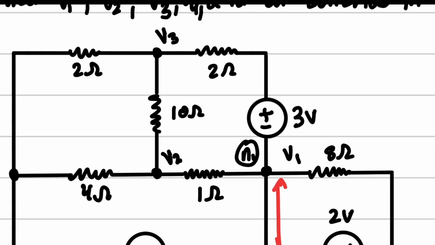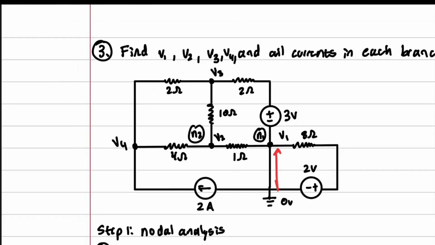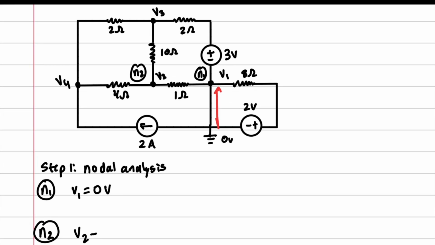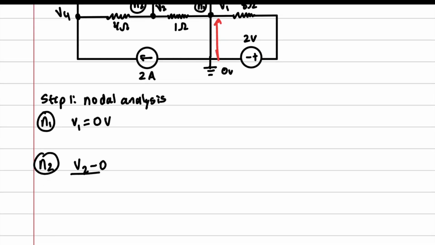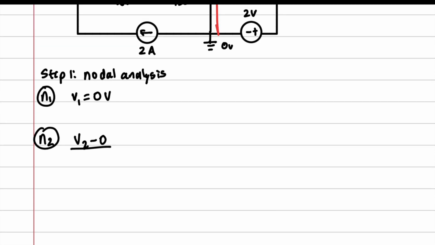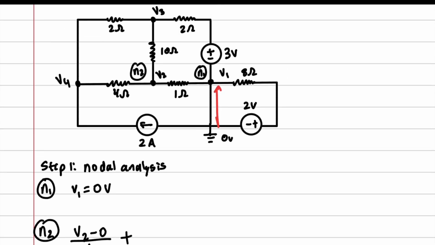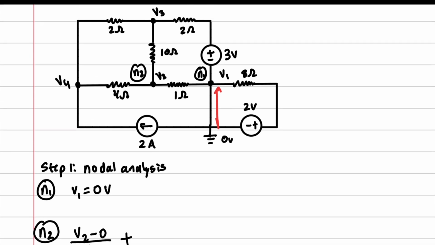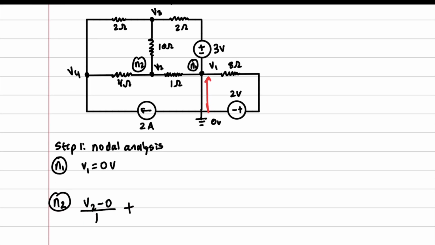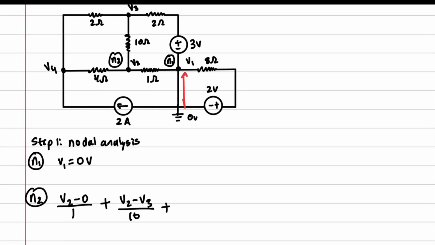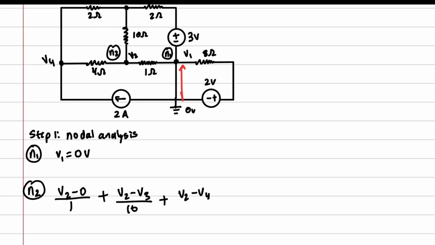Node 2 is right here. Now we have to do a nodal analysis here. So we're going to do V2 minus 0 over 1 ohm plus, hopefully you guys can't hear the lawnmower outside, but yeah, anyway, (V2 minus V3) over 10 plus (V2 minus V4) over 4 equals 0.